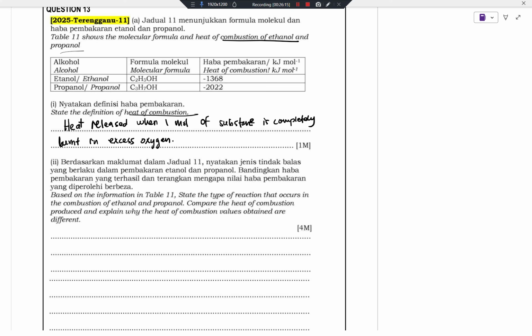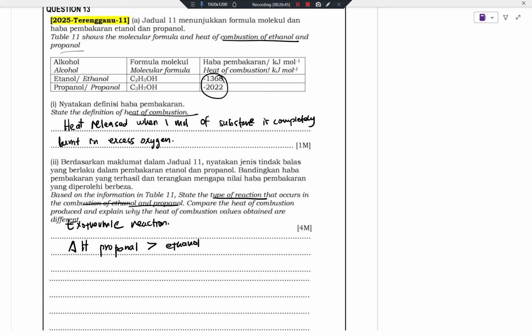Banyak orang lupa. Based on the information in the table, state the type of reaction that occurs in the combustion of ethanol and propanol. Negative sign, so exothermic. Okay, compare the heat of combustion of the two. Propanol is higher lah. So heat of combustion of propanol, you need to write in full, is greater than ethanol.